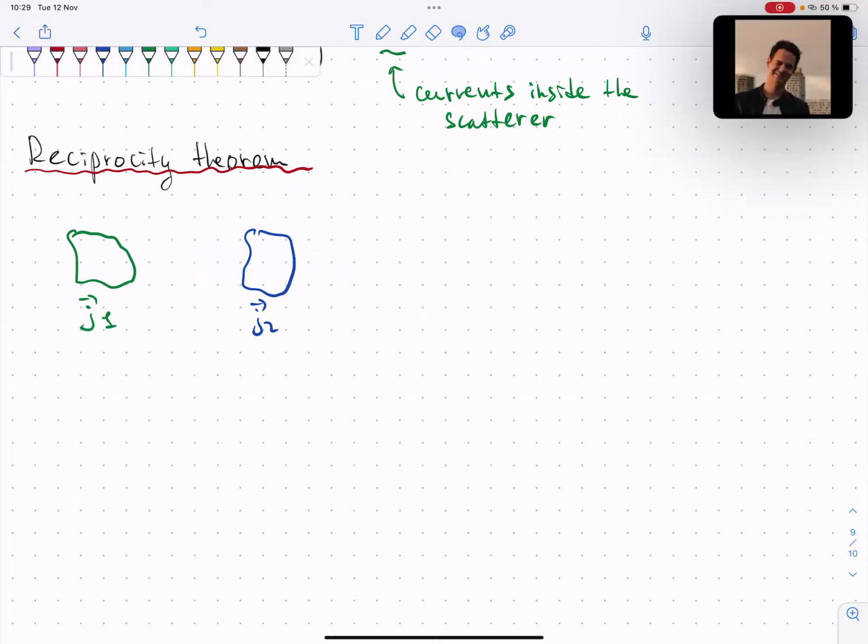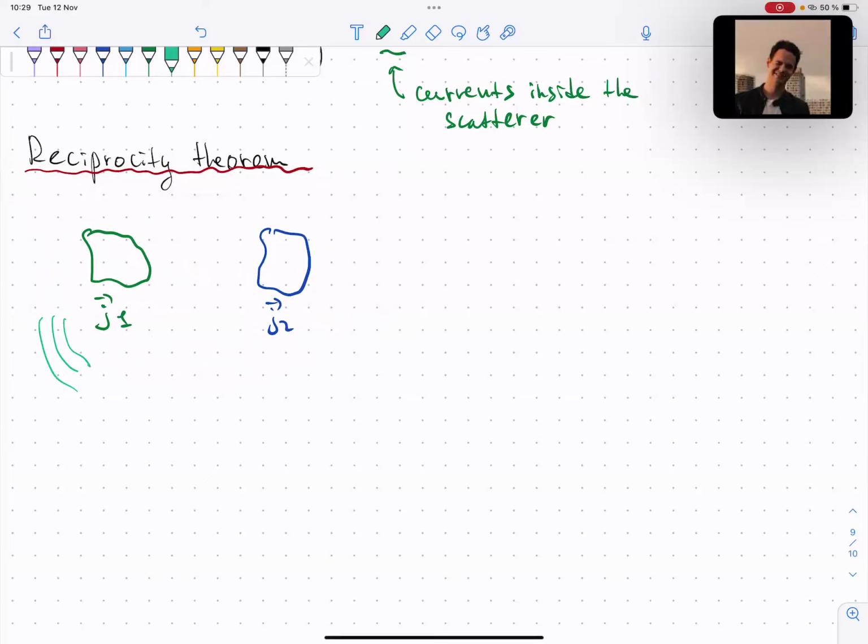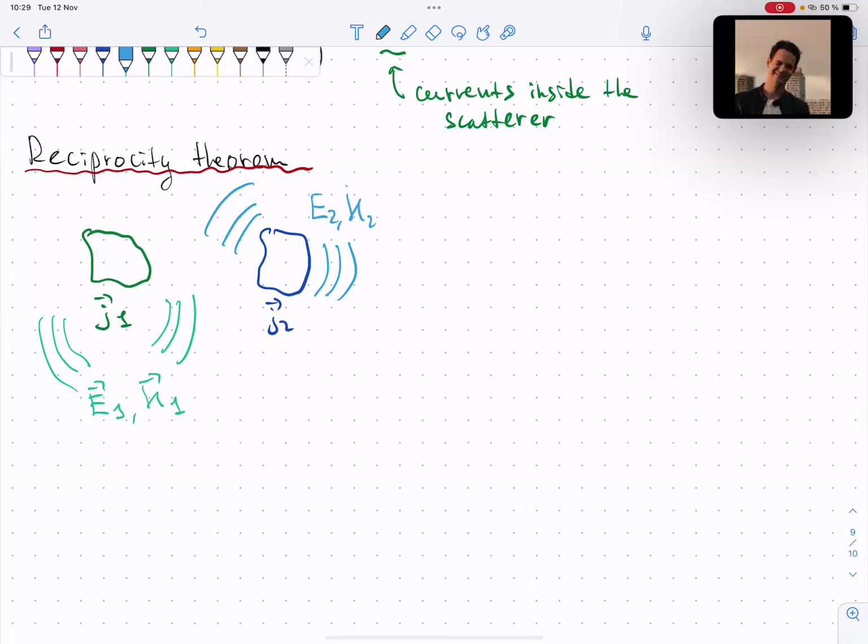So just to repeat, we have two current distributions in space, J1 and J2, and we have the electric and magnetic fields produced by J1, and the electric and magnetic fields produced by J2. So these are E1, H1, and these are E2, H2.